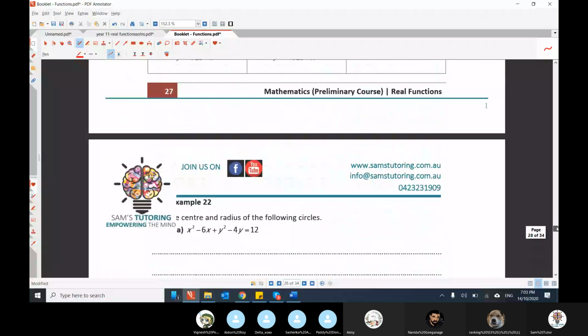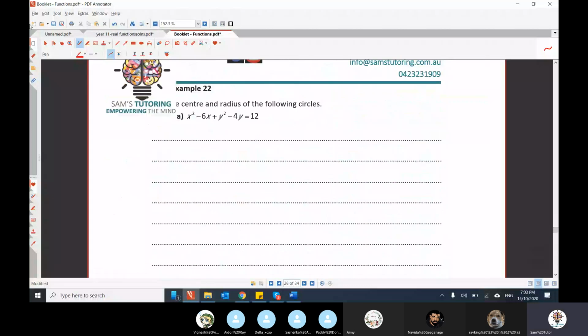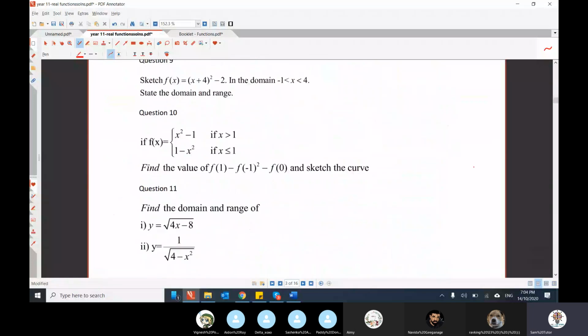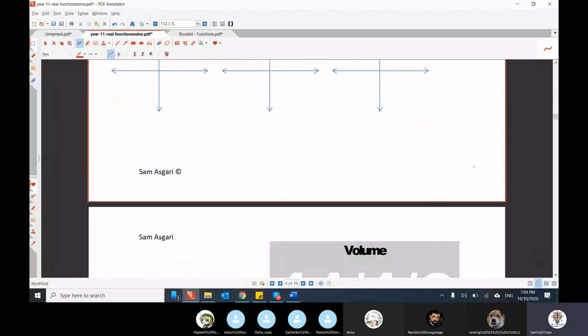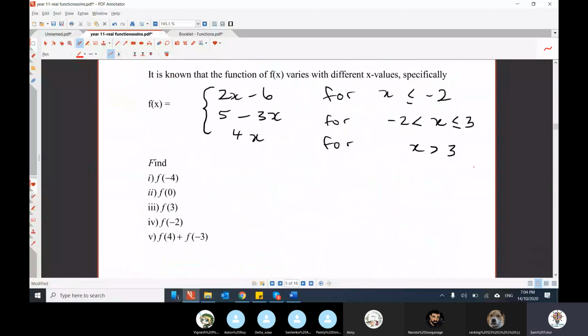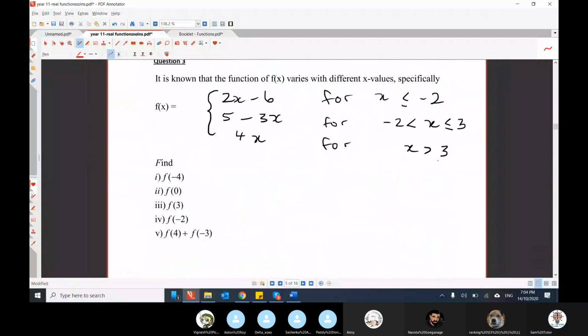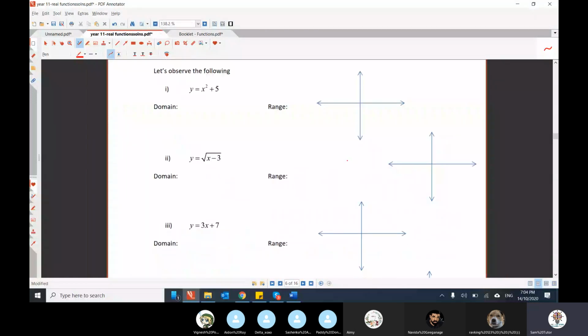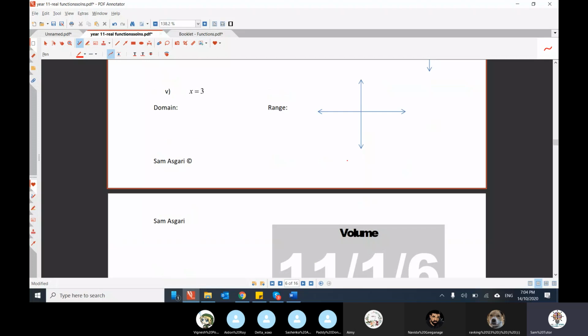It's just time for you guys to start practicing all this so that you can understand how to do domain and range, and function substitutions and odds and evens.